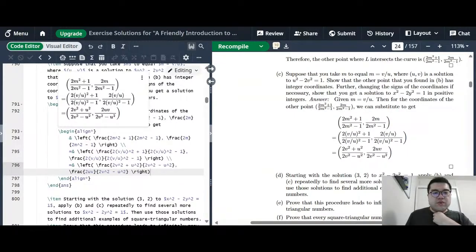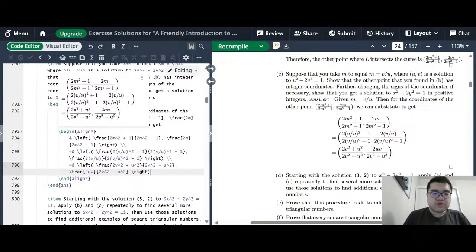So how do we see it? Well, what we need is to somehow multiply the denominator back into the equation. So what does that mean? Because again we have the setup of u square minus 2v square equals 1.